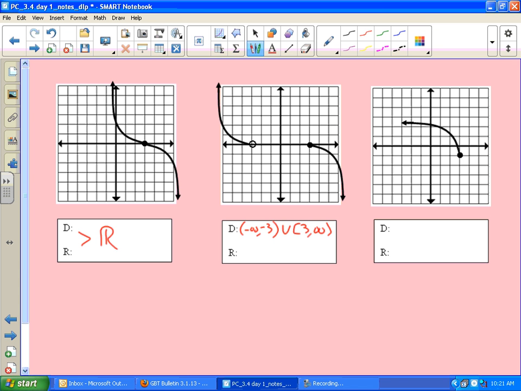All right, new person, range. Let's go, Mr. Hulsus. What's the range of this thing? Think about squishing that graph on the y-axis. What's going to work?